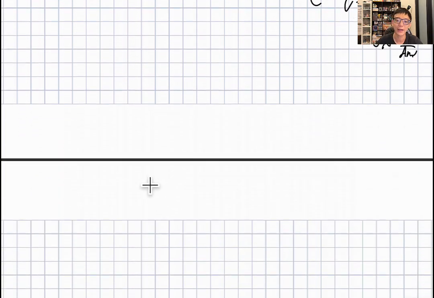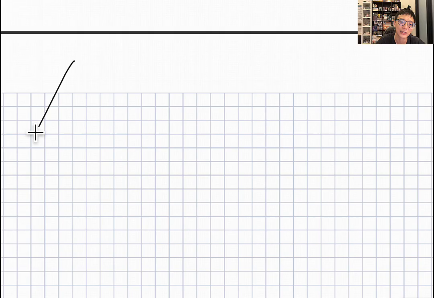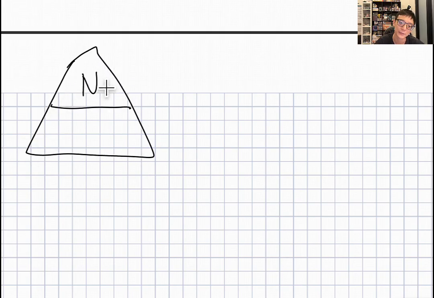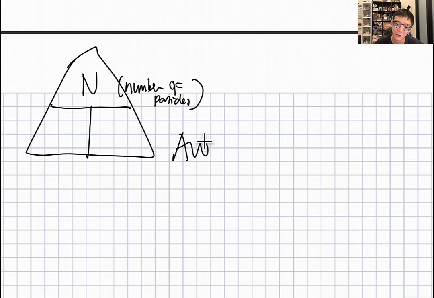Finally, we have what is called the number of particles triangle. There is this guy named Avogadro.